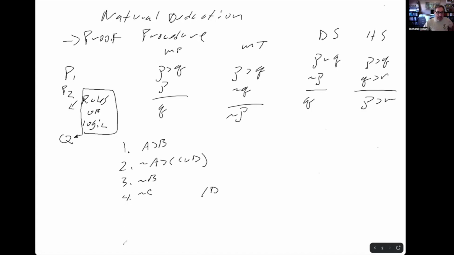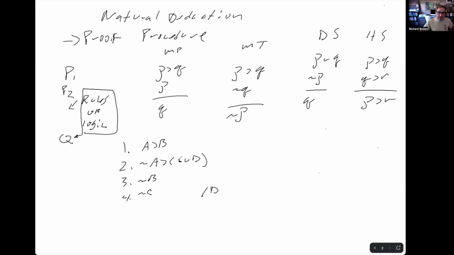So the first thing that we should do is think about where we see D. Here you can see that D is connected by a horseshoe to tilde A. So this is the main operator.